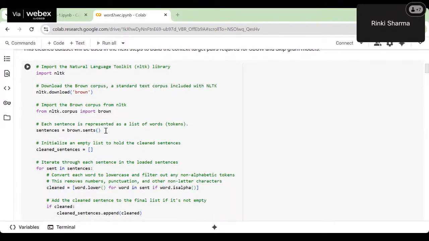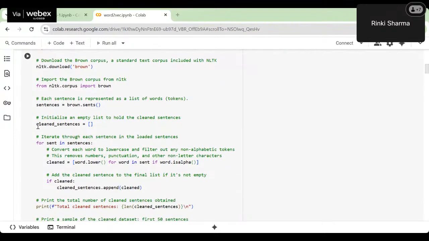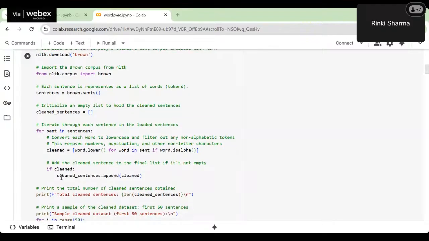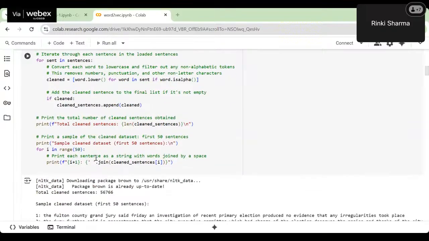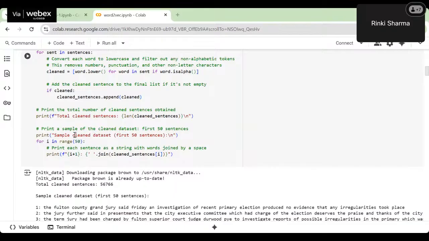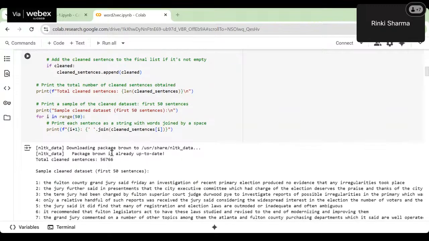Before starting any process, we first pre-process our dataset. Here we have cleaned our dataset by converting each word into lowercase, which will automatically remove all the non-alphabetic characters. We store the total length of clean sentences, and to see how the samples look, we printed 50 sentences from the dataset.